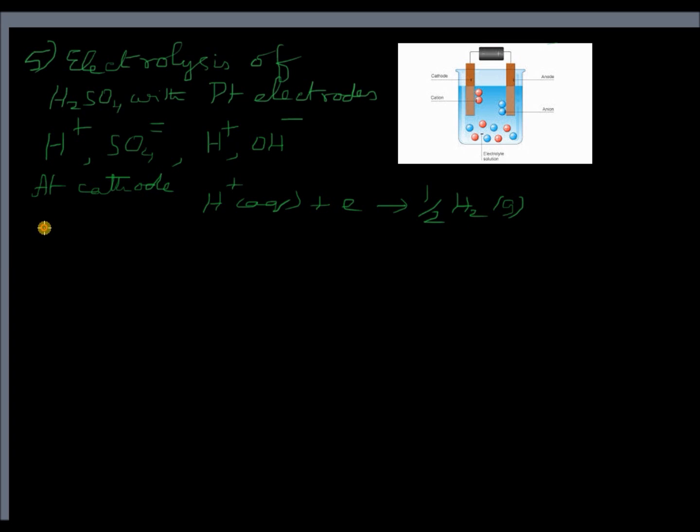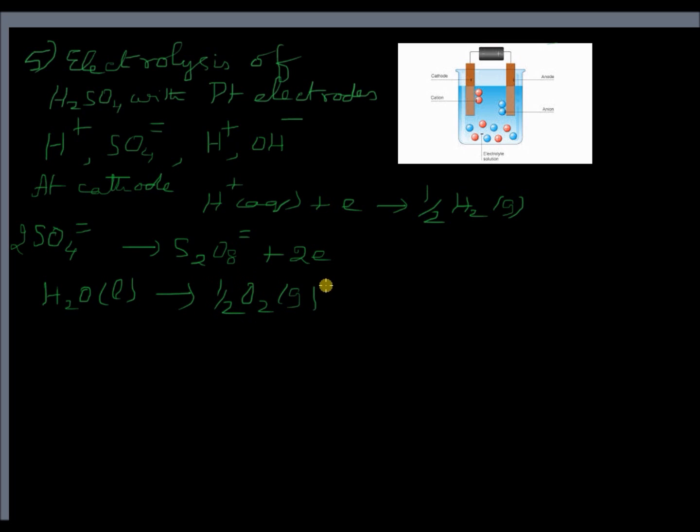At the anode, the sulfate ions could oxidize. If the sulfate ions get oxidized, you get the S2O8 2 minus ion plus 2 electrons, or water can be oxidized, which will form half O2 gas and H plus ions.